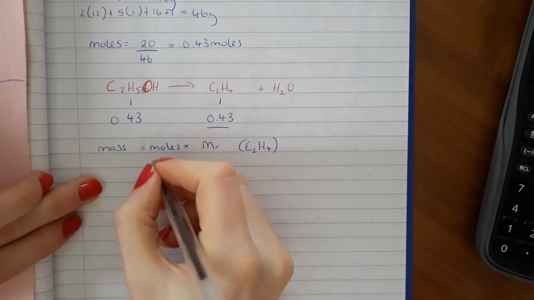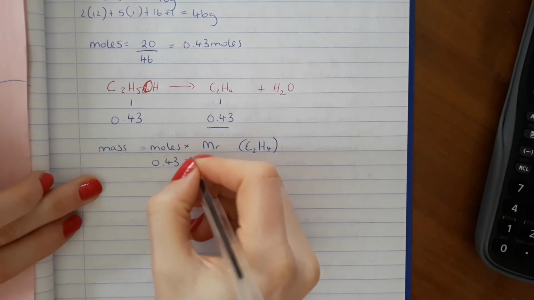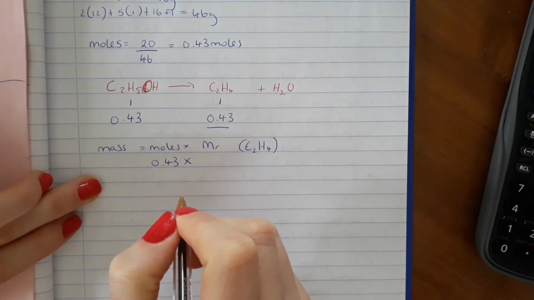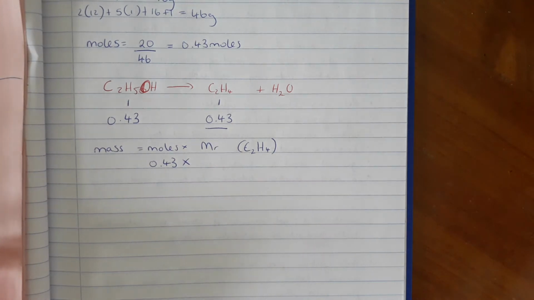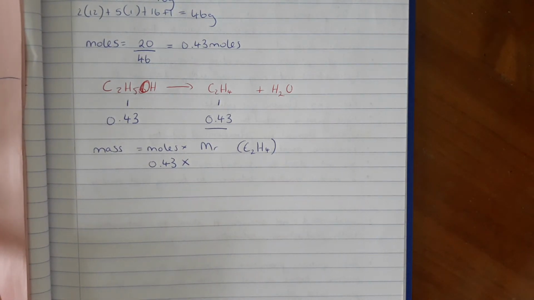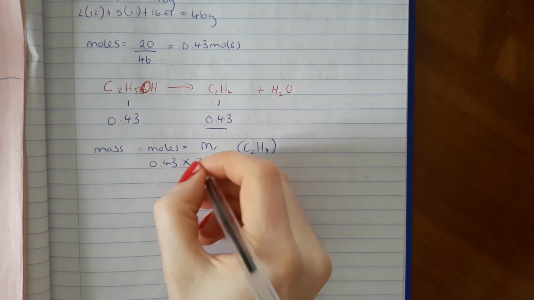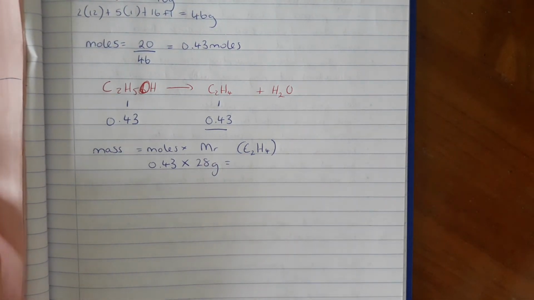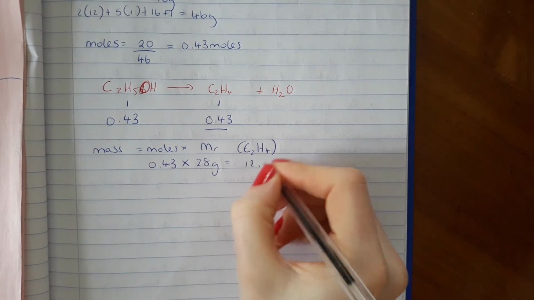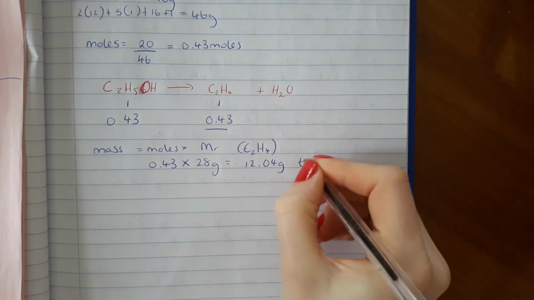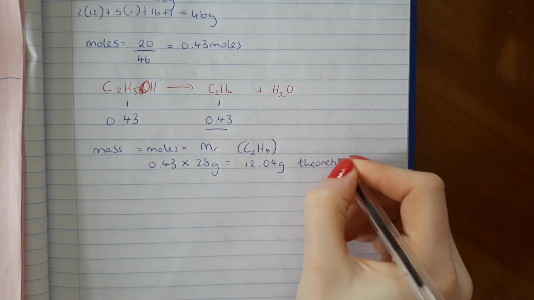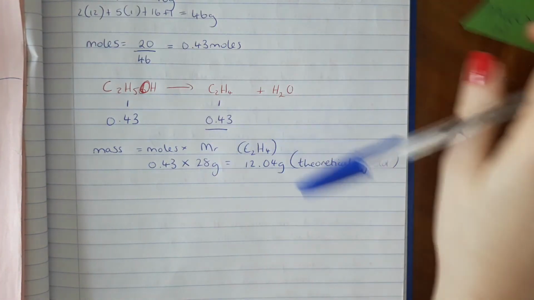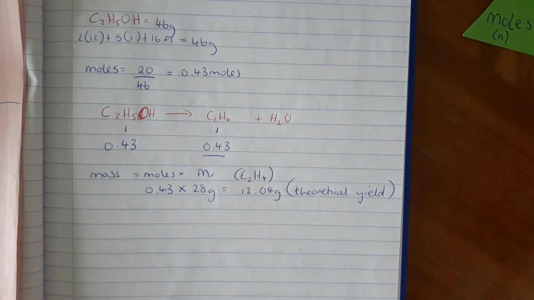The number of moles I could theoretically produce is 0.43, and the relative molecular mass of ethene is 2 times carbon 12 plus 4 times 1, which is 28 grams. So 28 by 0.43 would give you 12.04 grams. That would be my theoretical yield of ethene in an ideal world.